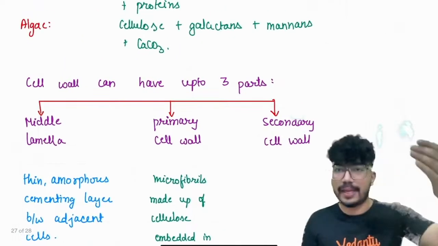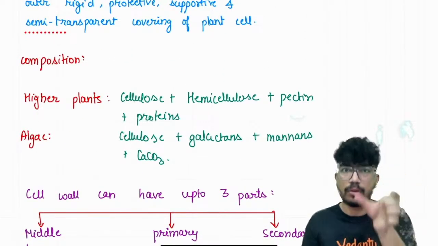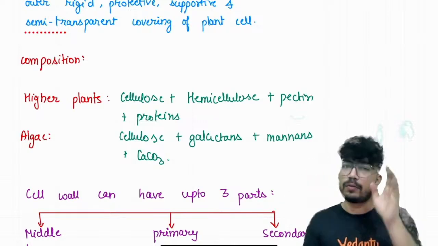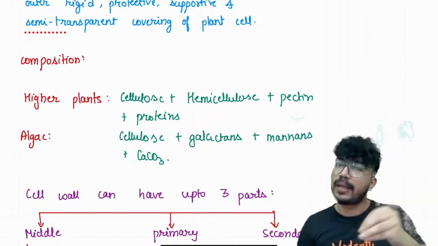Let's take a few steps back. We talked about the composition for higher plants: cellulose plus hemicellulose, pectin, proteins. So where are these hemicellulose, pectin, and proteins? These substances make up the matrix.